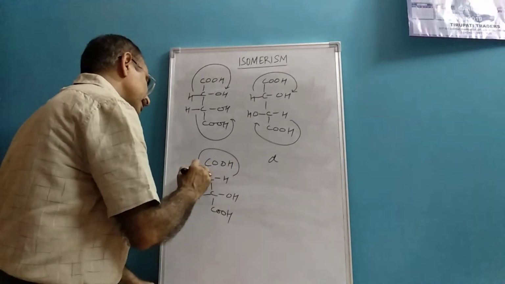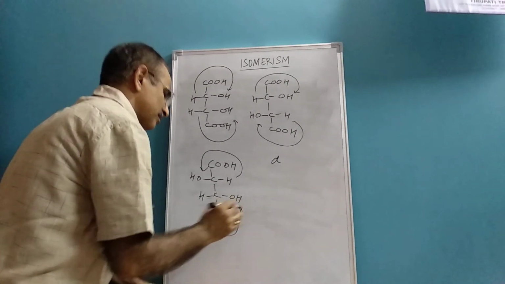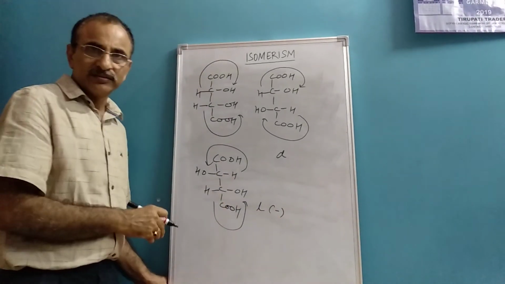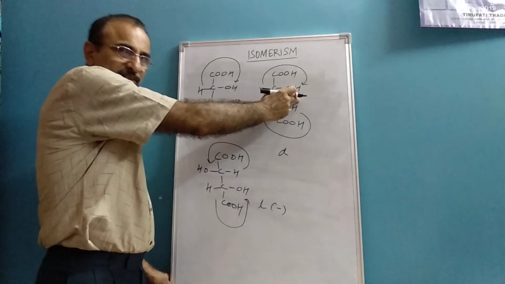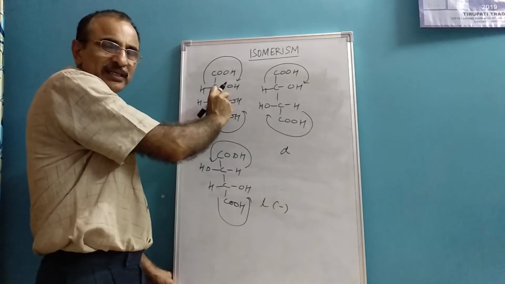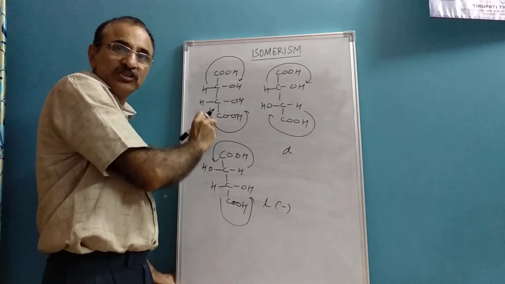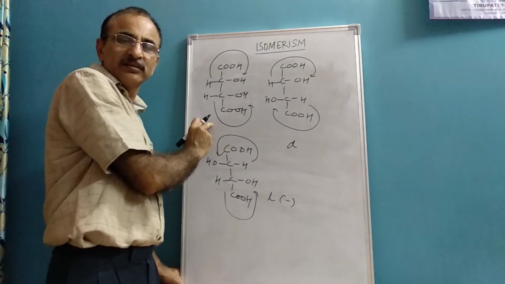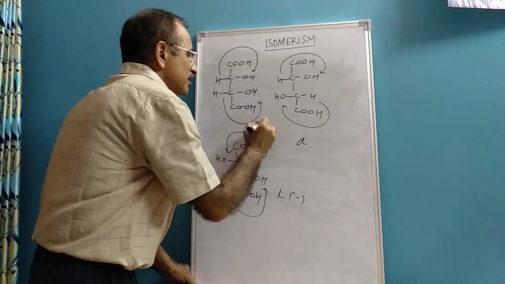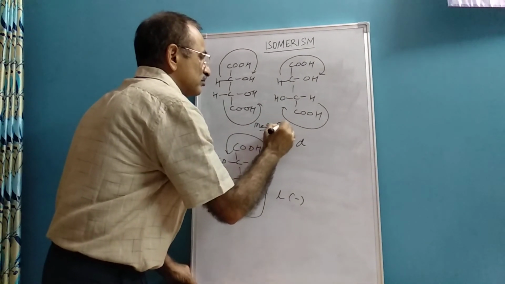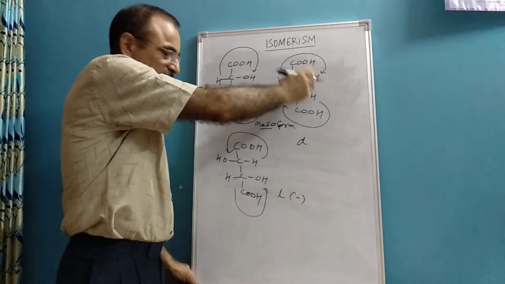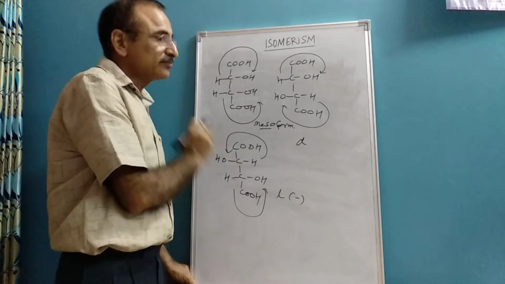This is anti-clockwise. This is L or minus tartaric acid. This one is dextrorotatory, this one is levorotatory, and this one is having zero optical rotation. This is called meso form. Meso tartaric acid, dextro tartaric acid, levo tartaric acid.